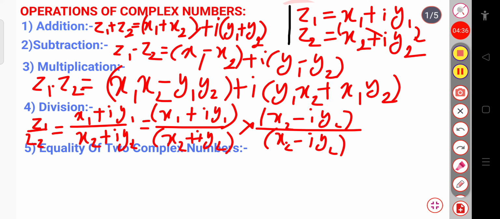Now you can see that this one and this one are in the form of a plus b into a minus b. So, if you multiply these two numbers, they will become a real number.